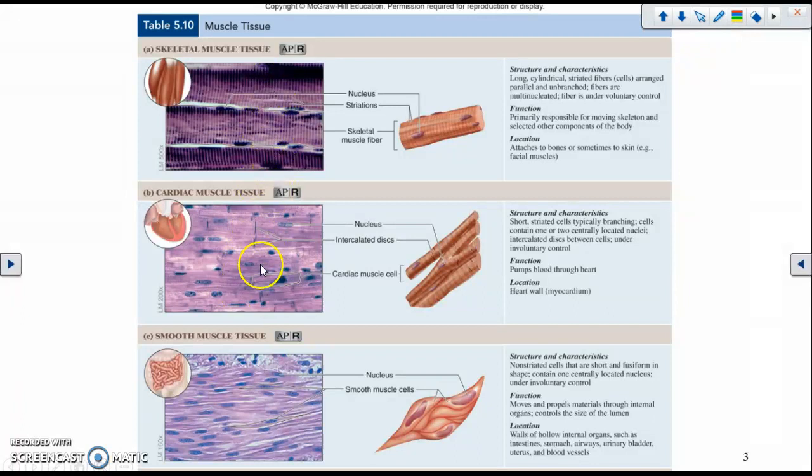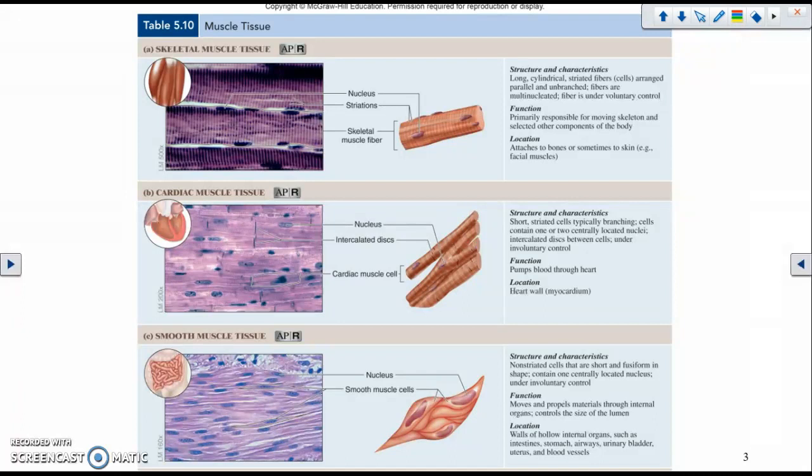A very distinguishable thing between skeletal muscle tissue and cardiac muscle tissue is they have striations. You can see that there are actually lines perpendicular to the long fibers, the long myofiber, in this case, the muscle cell. Okay, those striations, the distances between each other are either long or short, and when it's short, that means the muscle has contracted.